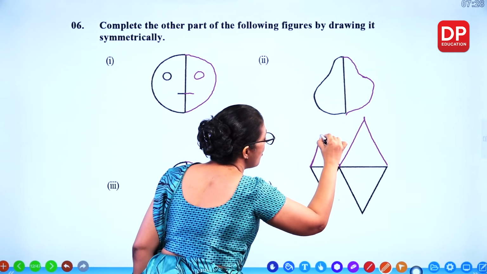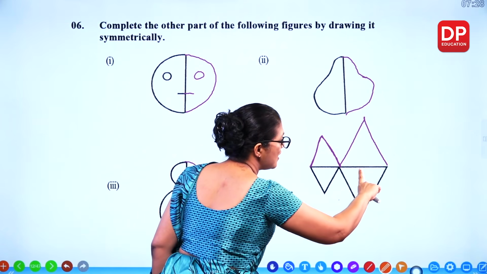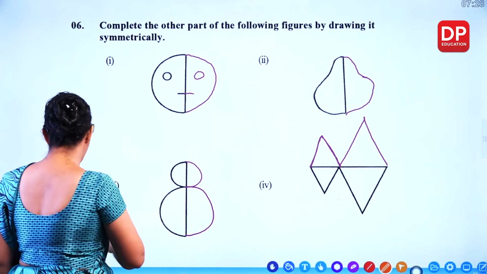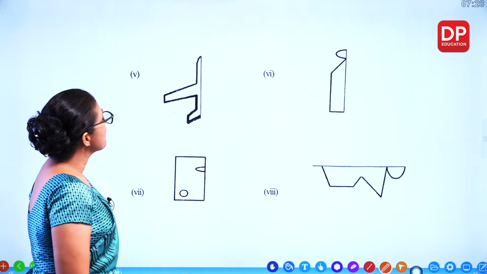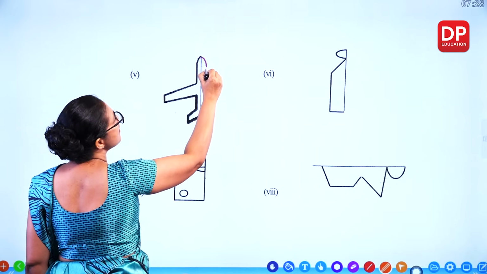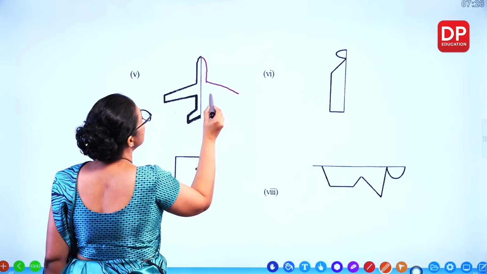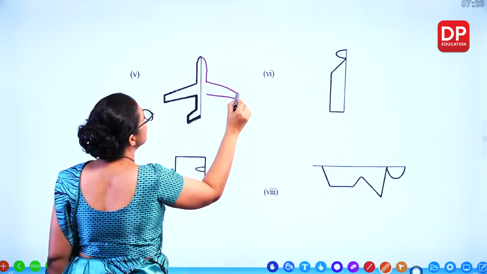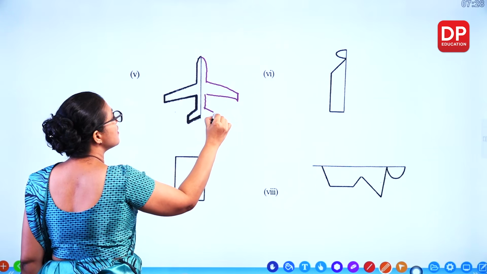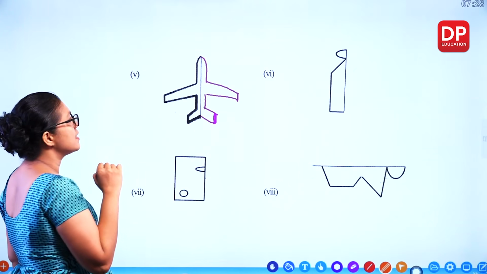So you draw with a ruler, take the ruler and you can measure this length and draw the other part. This one, can you draw? Something like this, and then here this is vertical, and again this one something like this, and this side is vertical again.